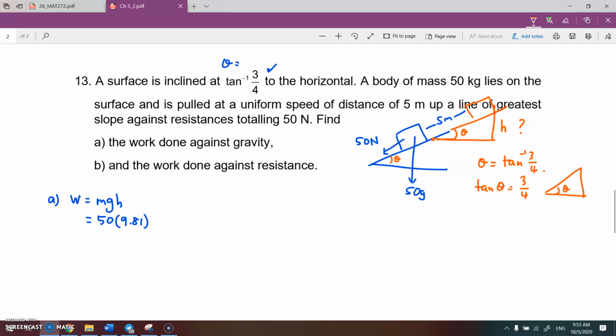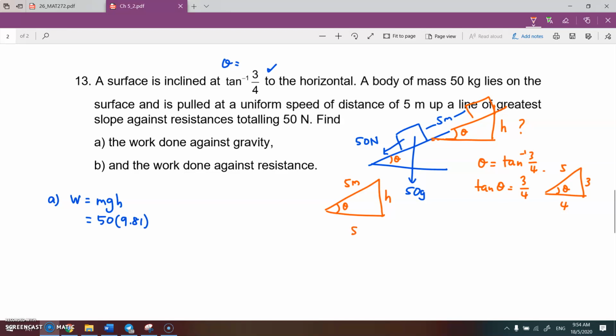Tangent is TOA, opposite over adjacent, so the hypotenuse would be 5. We're going to find h. This is 5 meters, and then you have theta.